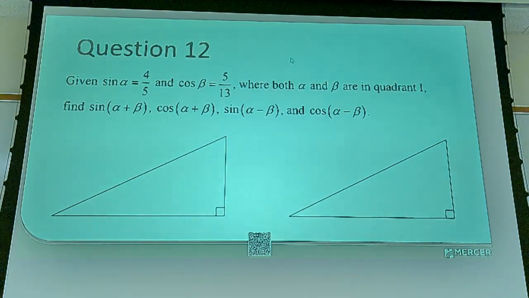Let's set up our two triangles. Both alpha and beta are acute angles, so we can safely use right triangles.